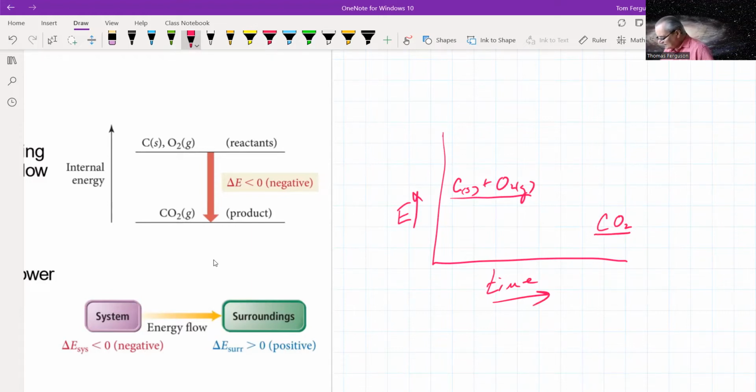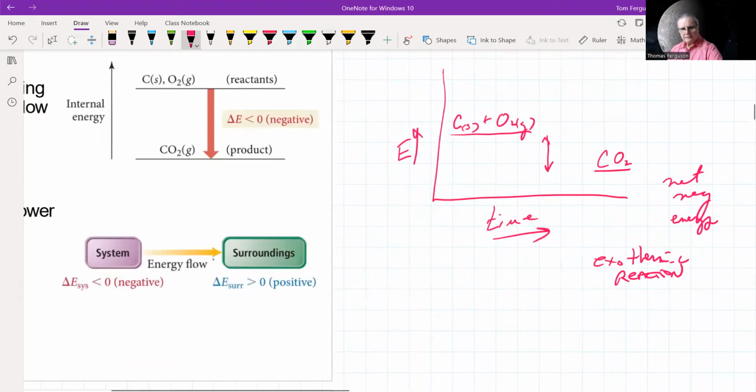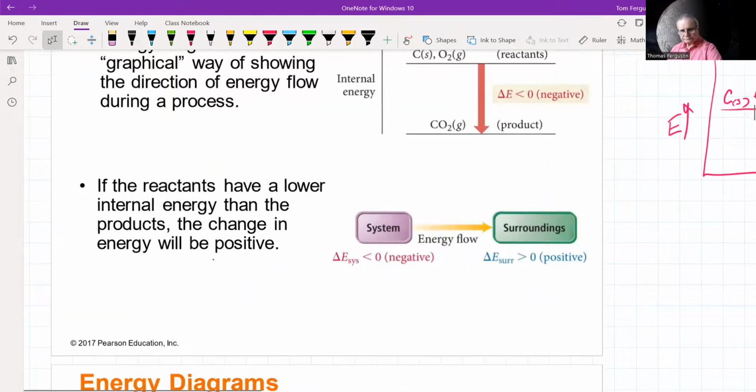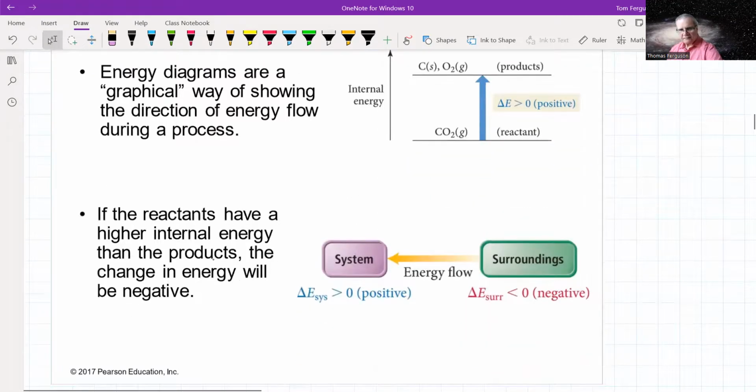In this case, we have a net negative energy in the system. And this will be considered the exothermic reaction.